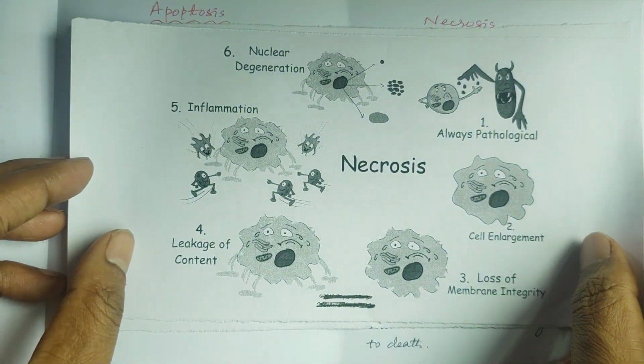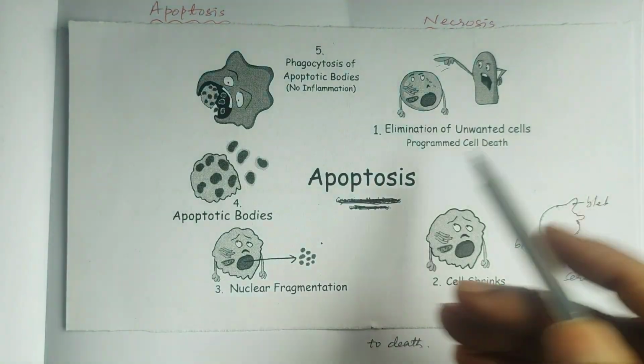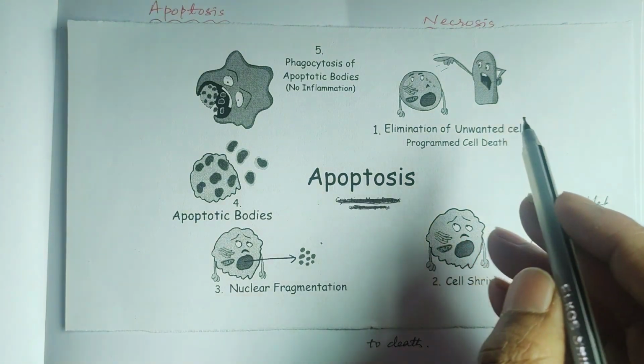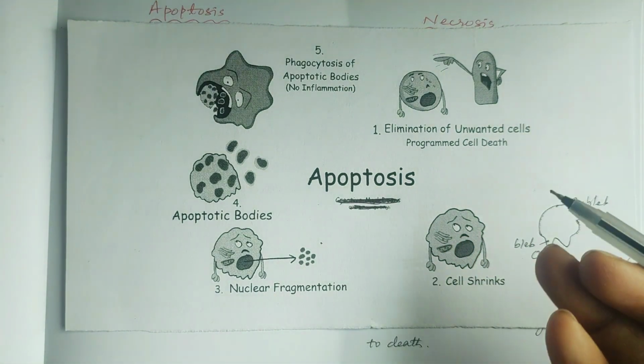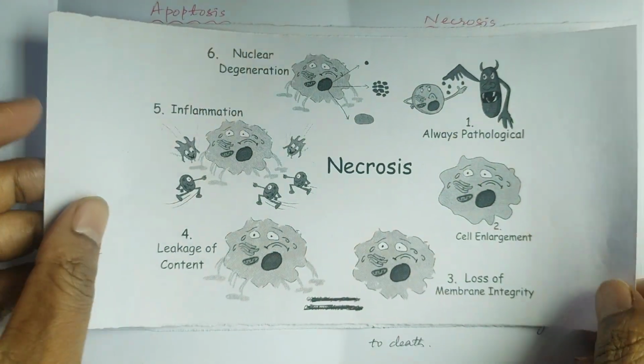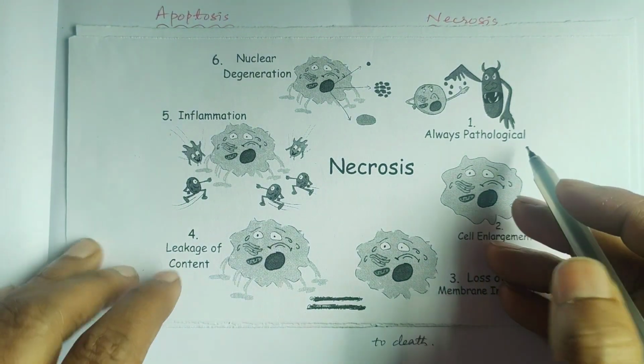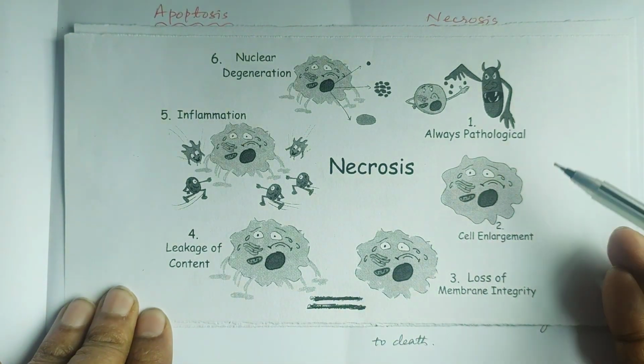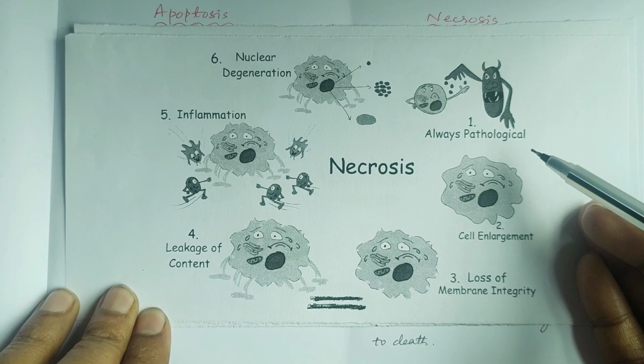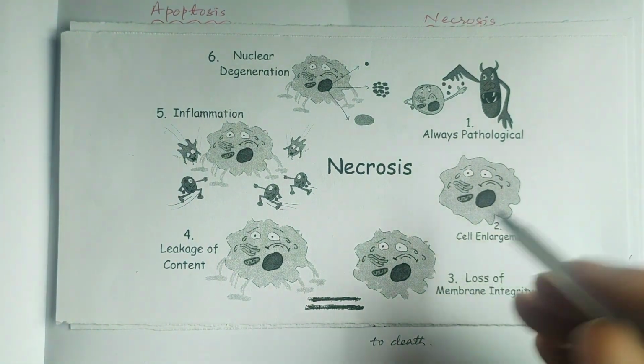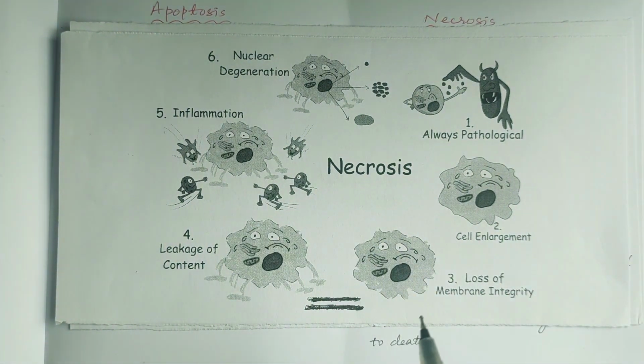In necrosis, what happens? Apoptosis may be physiological. During development, this can occur. Whereas necrosis is always pathological and in response to a pathogen or an external agent, there will be cell death.